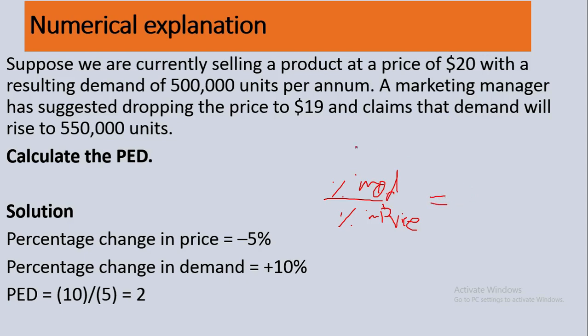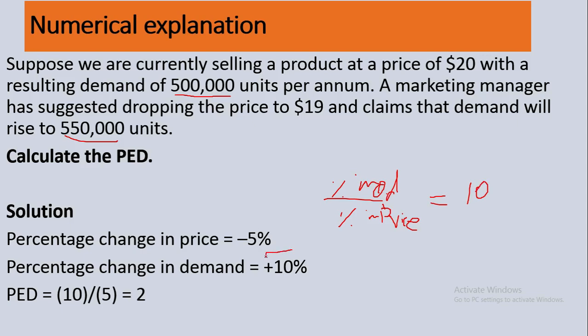How much change? 50,000. But 50,000 is a change, it's not a percent. So we need to calculate the percent. So how to calculate the percent? 50,000 divided by 500,000 multiplied by 100, it gives you 10%, right?